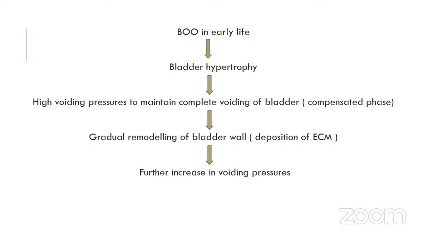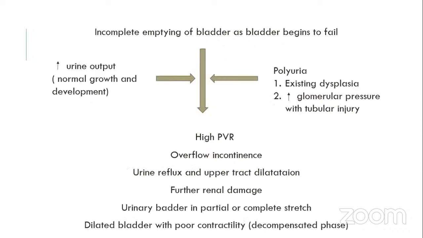Later on, gradual remodeling of the bladder wall occurs because of deposition of extracellular matrix, collagen type 3, leading to further increase in voiding pressure and incomplete emptying as the bladder begins to fail to void. If the patient develops increased urine output, there will be chances of normal growth and development. But if there is a high post-void residual, overflow incontinence will occur, and urinary reflux will damage the kidney, and further renal damage will occur.